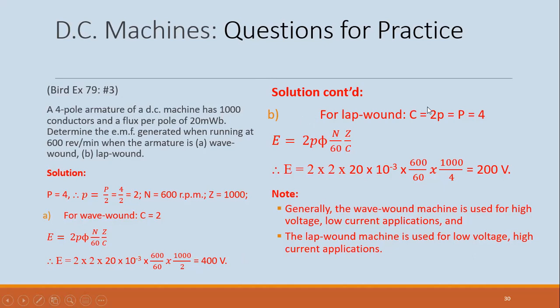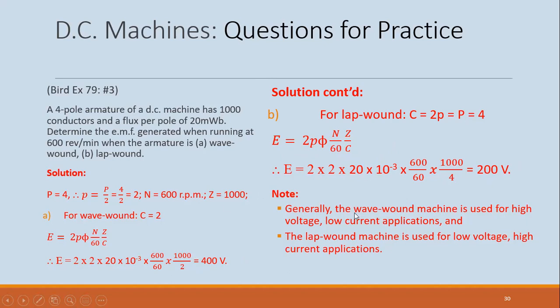When it is lap wound, E is equal to 2P phi N over 60 times Z over C, and C now would be equal to the number of poles. So when it is lap wound, the voltage induced in the conductors would be 200.